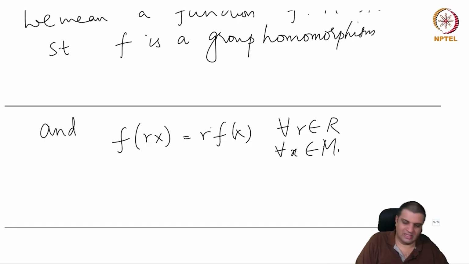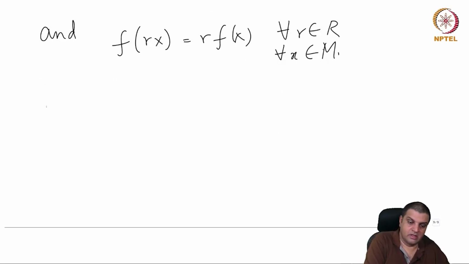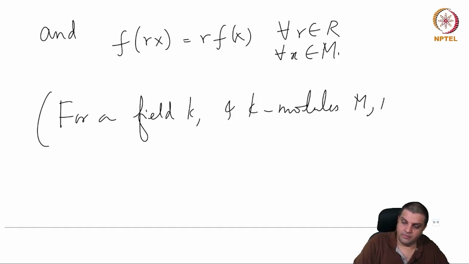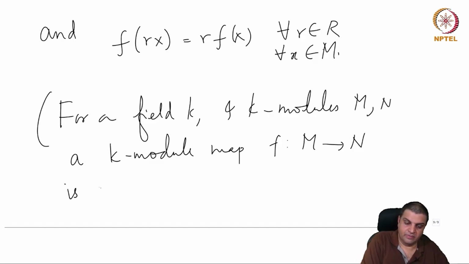So just a remark here. For a field K, and K modules M and N, a K module map f from M to N is exactly a K linear transformation.